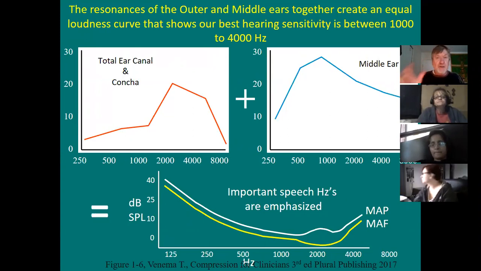I always cross the courses. I always throw things in to make sense, but basically the thing to take home right from here in 120 anatomy is your outer ear has its shape precisely because it gives you the resonances in the high frequencies. And the middle ear has its resonances because of the tiny little bones.